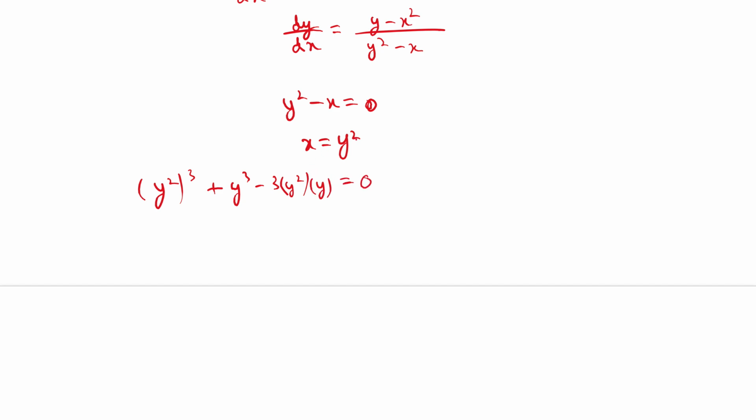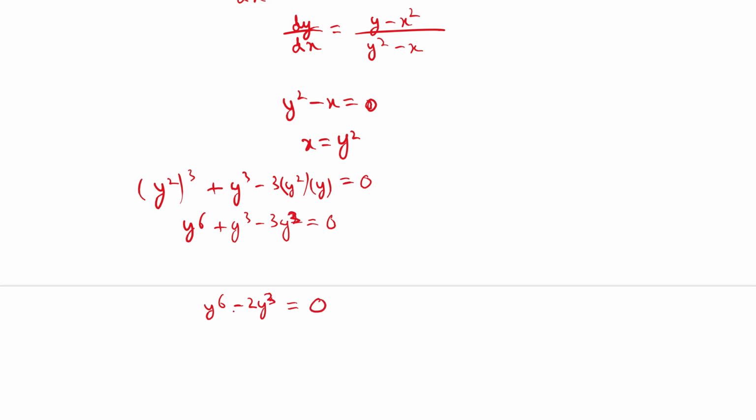I have substituted y squared for x in the original curve equation. So we have y to the power of 6 plus y cubed minus 3y squared times y, which gives y to the power of 6 minus 2y cubed is equal to 0.